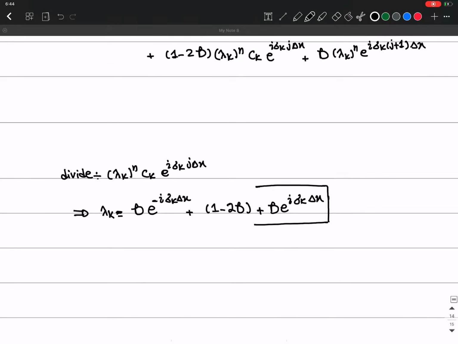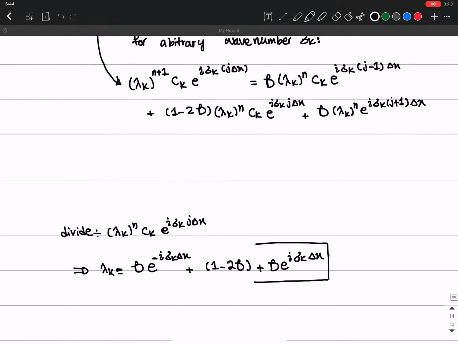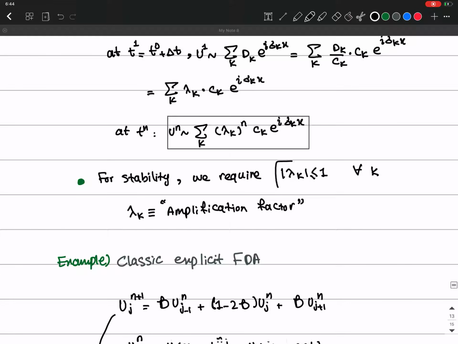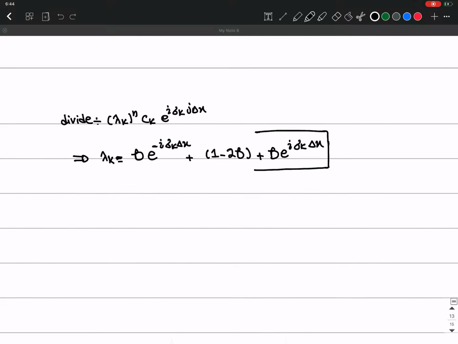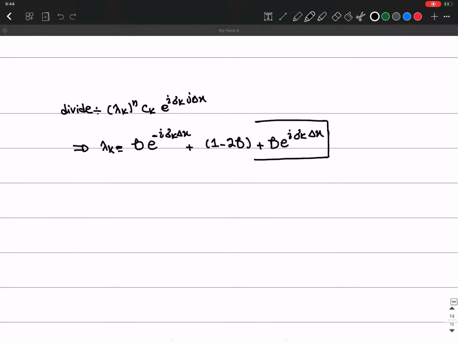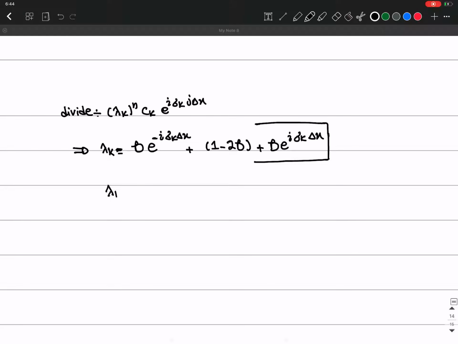And now I want to further simplify this to get a criteria for lambda_k. I want to see what that would be and what that would entail. So let's see. Lambda_k equals 1 minus 2d plus d, I factor d, (e^(i sigma_k delta x) plus e^(-i sigma_k delta x)).